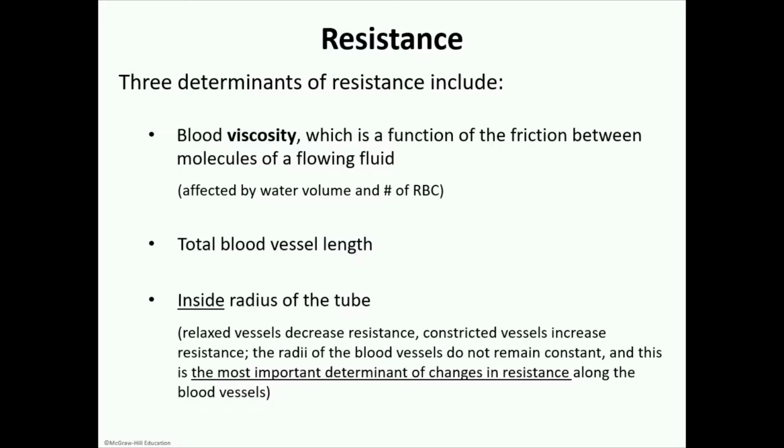Again, a blood vessel that is dilated means a bigger tube that is going to decrease the resistance but increase your blood flow. While if you constrict your blood vessel, that is going to increase resistance and decrease the blood flow. Okay, so that is your most important.